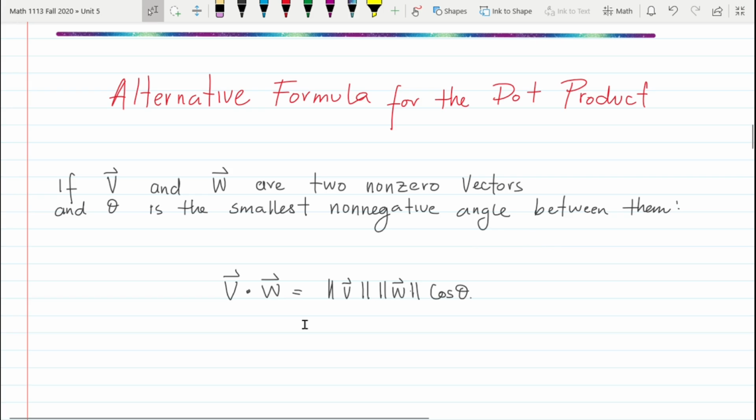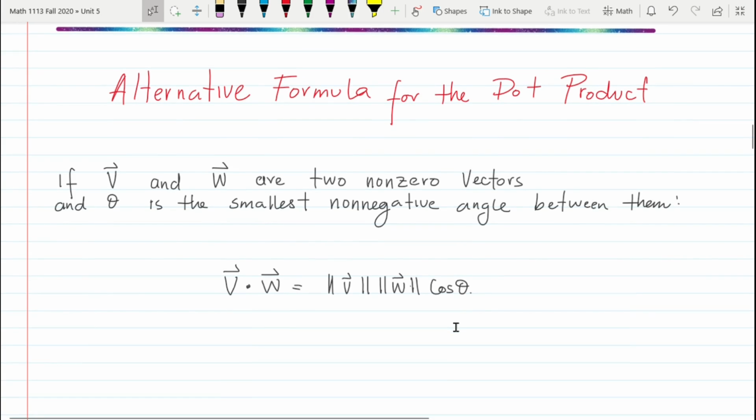Okay? So we're assuming that they are coming from the same initial point. So the dot product between the two is equal to the magnitude of the first times the magnitude of the second times cosine of the smallest angle between them. Okay? So that is one way to figure out the dot product between two vectors.